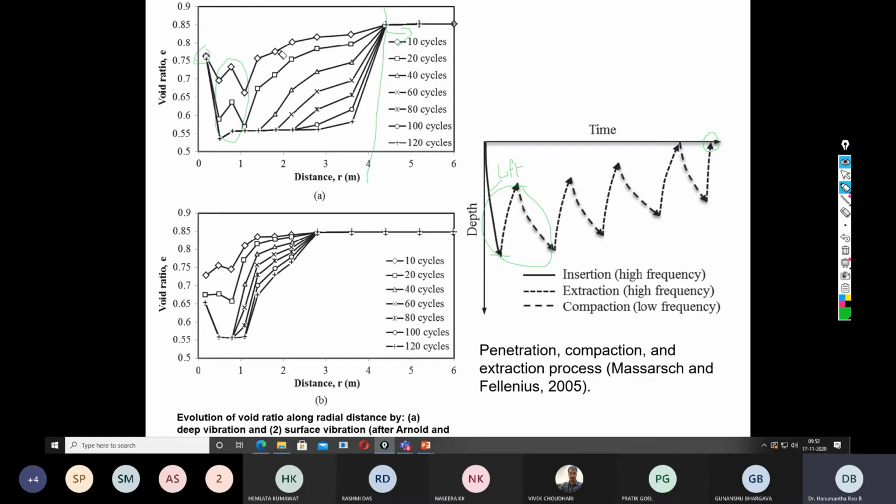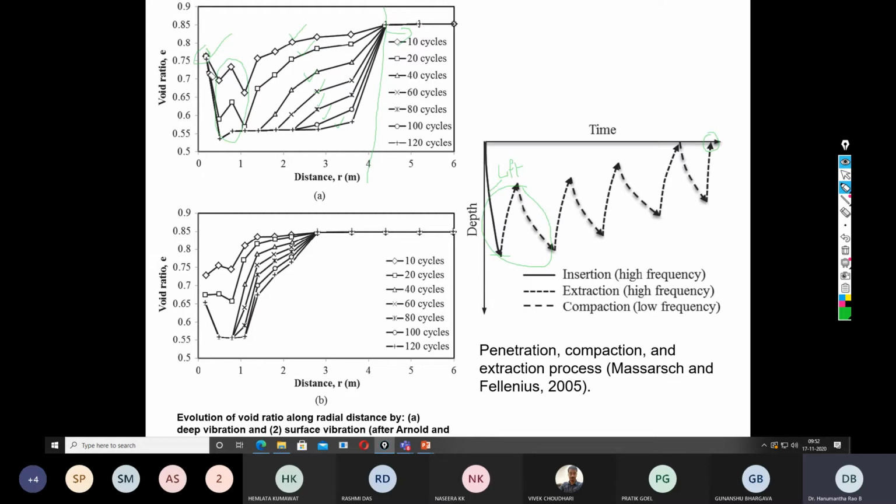Then as you increase the number of cycles, there is a reduction in the void ratio. You can see it for 10 cycles, then 20, 40, 60, 80, 100 and 120. Just imagine you have started with the initial state where the initial void ratio is 0.75.